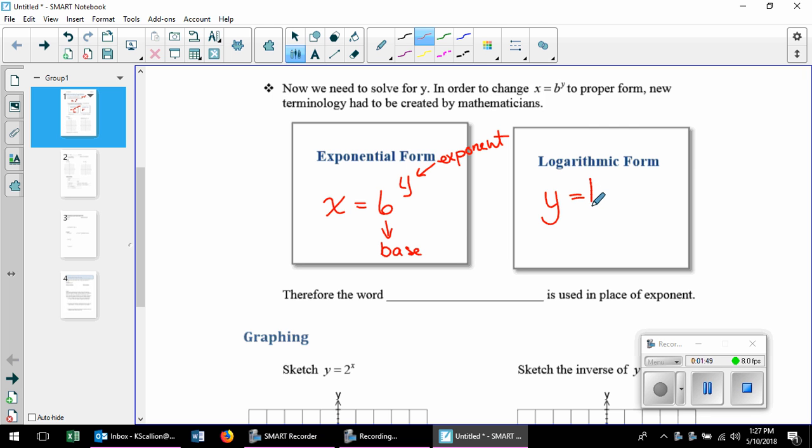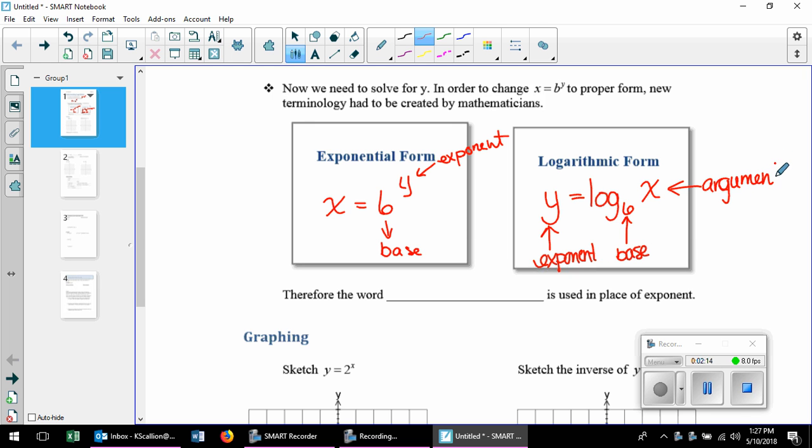We're going to write log, and it's going to be base 6. That's the base, that's the exponent, and it has to be a log of something. So it's the log of what it was equal to. We call that the argument.